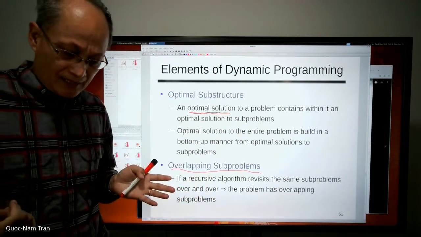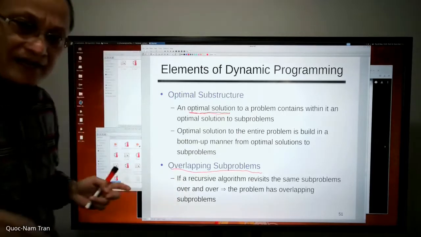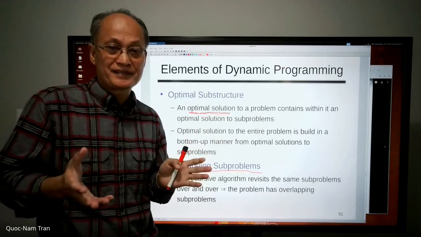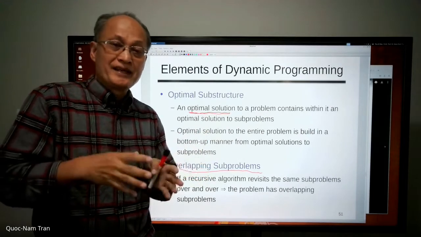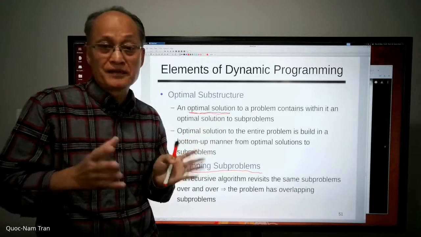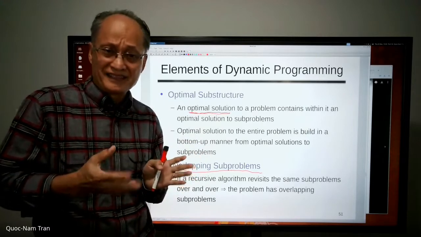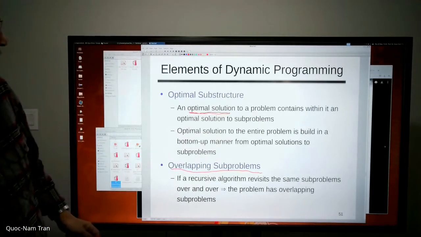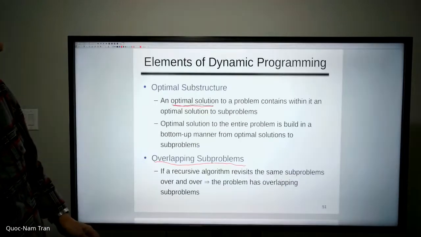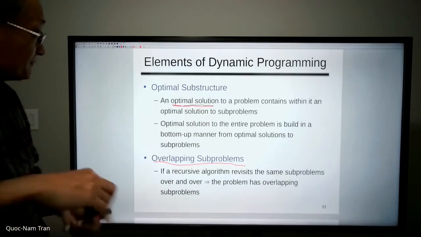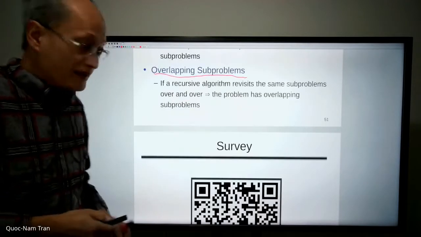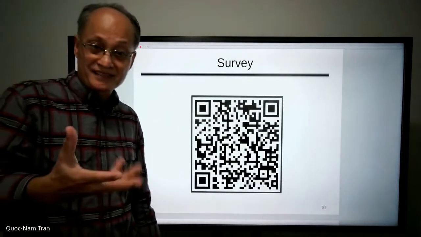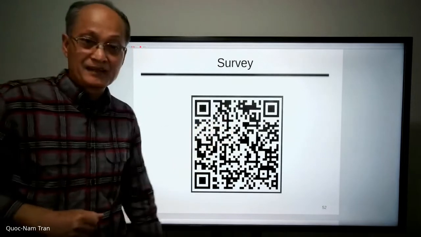But let me do one thing here, and I know from my teaching experience that at the beginning, students may feel that it's so hard, right? So that's why I want you to do the following thing for me. If you have your phone, just take it out, scan the QR code.